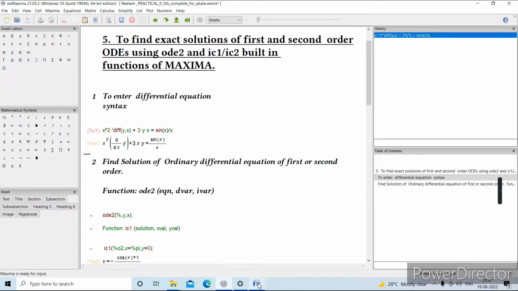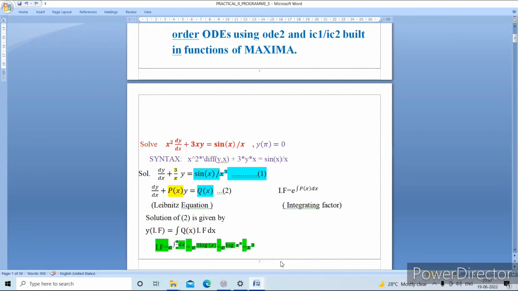Then I am solving this differential equation first. This is a type of equation, equation second, and it is a particular Leibniz equation. So first you will take the coefficient of y as 1, which is already given here, and I find p first.